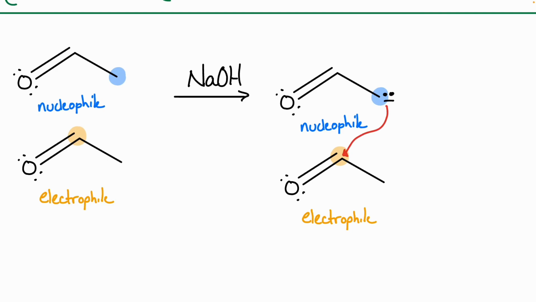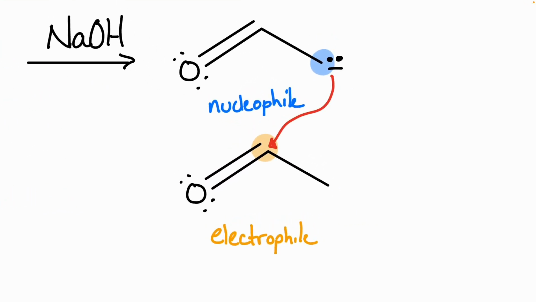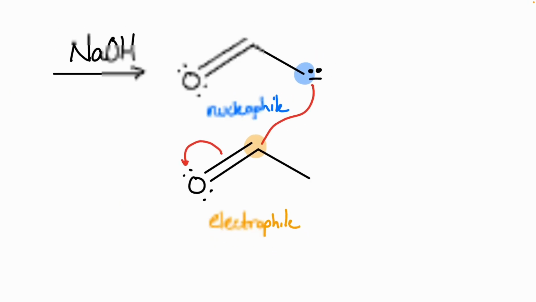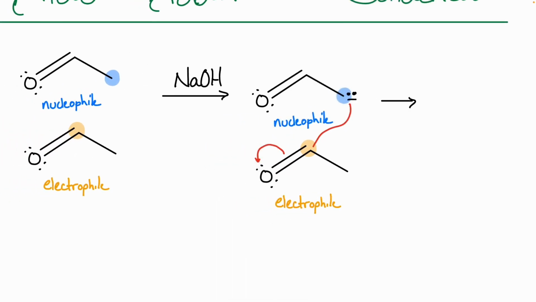What else am I going to have to draw in arrow-wise at this step here? My nucleophile attacks my electrophile. What else is going to happen? I got to kick that pair of electrons up onto that oxygen, right? Just like we've always seen, over and over and over again, when our carbonyl carbon gets attacked. Boom. Okay, so everybody take a second and draw me this product right here with these two molecules connected together.